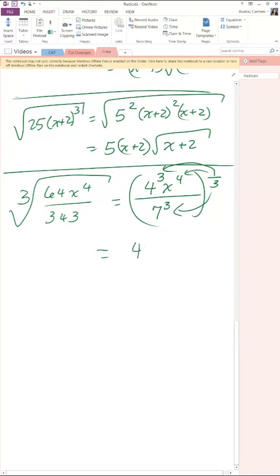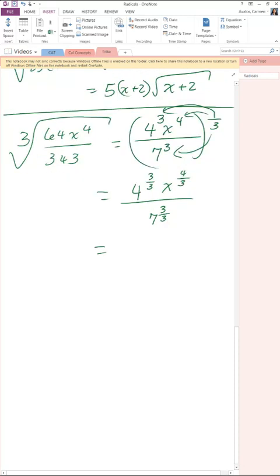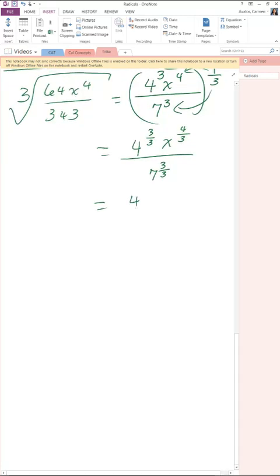So you're going to have 4 to the 3 to the 1/3, x to the 4 to the 1/3, and then this one here is going to be 7 to the 3 to the 1/3. And so what this becomes is 4, there's one of them and then a 1/3 left over. So you're going to have x, and then you're going to have x to the 1/3, because when you add them, it's going to be 1 and 1/3, and that's what it reduces.